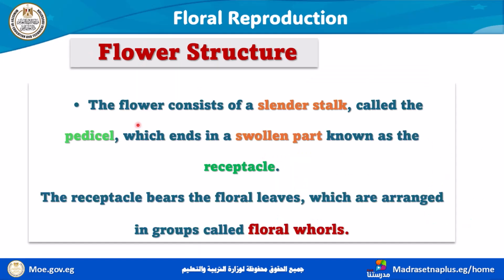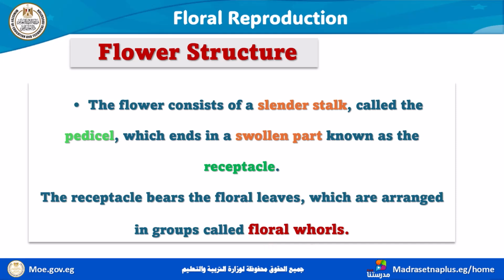The flower consists of a slender stalk called the pedicel, which ends in a swollen part known as the receptacle. The receptacle bears the floral leaves, which are arranged in groups called the floral whorls.